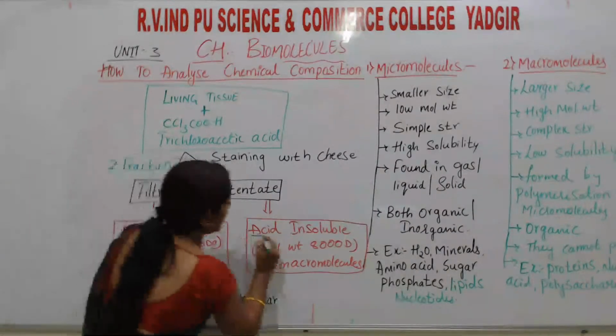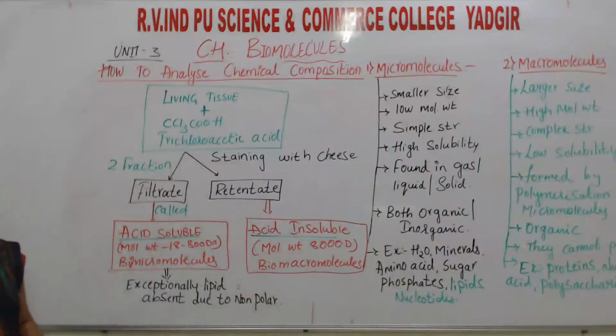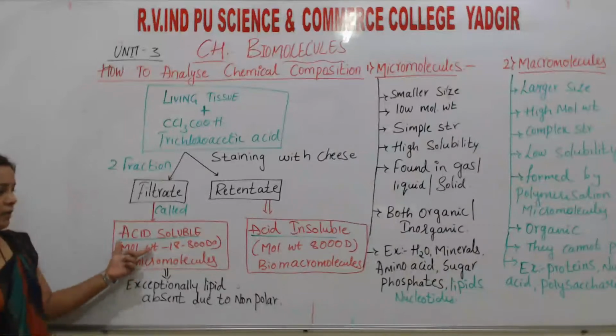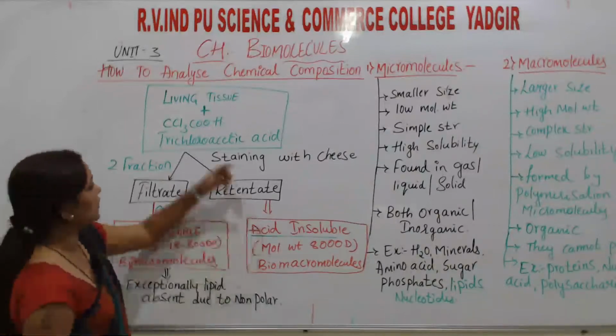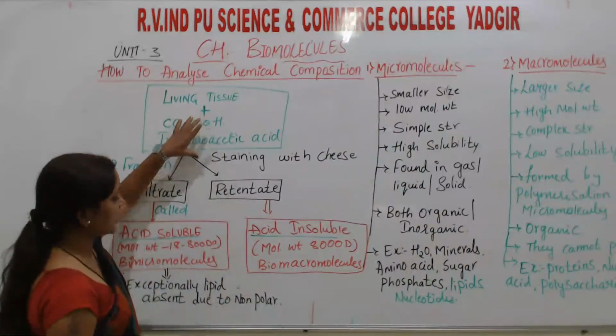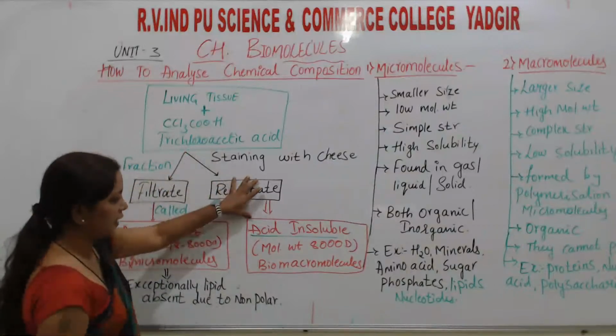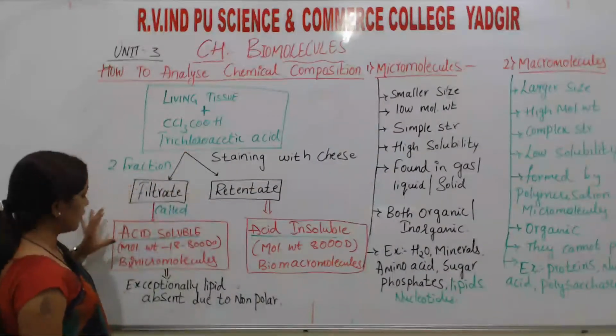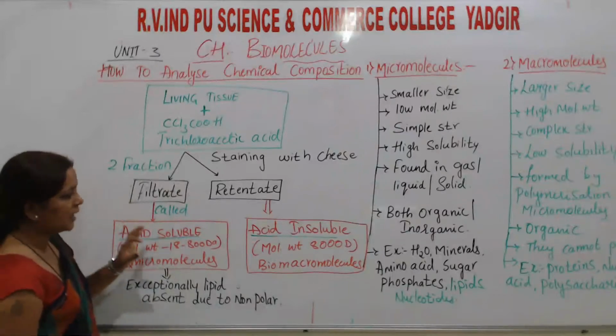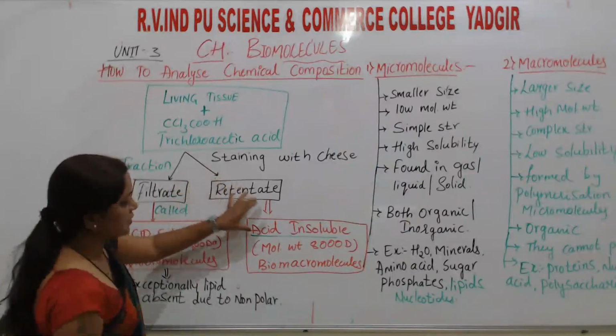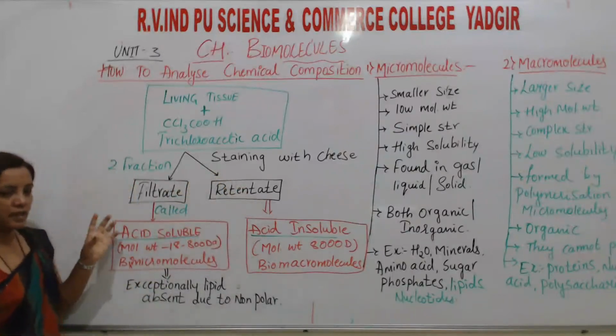After this, the chemicals present in both the fractions are analyzed and identified. The chemicals which we are getting after treating with trichloroacetic acid, we are getting some filtrate. This filtrate is called acid soluble, and for the retentate, some analysis has been done.